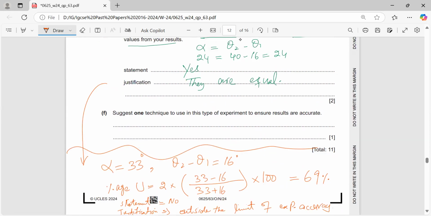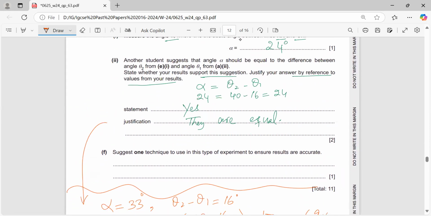So this is in general the rule which we follow to solve this sort of question where statements and justifications are needed. Now here actually they are equal, because I am doing it just roughly, not accurately on the paper. Here they are equal. So I am not going to write within the limit of experimental accuracy. No need to give that limit. It is exactly 100%, okay.